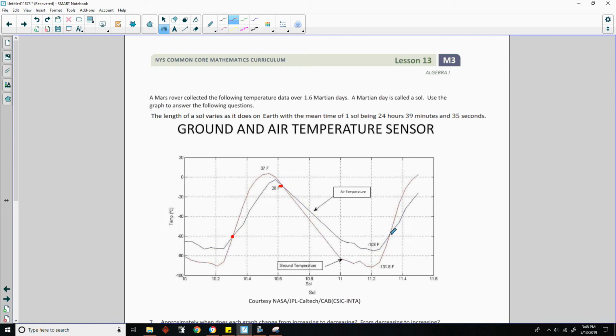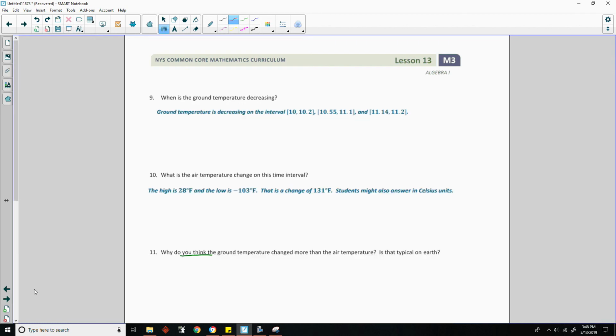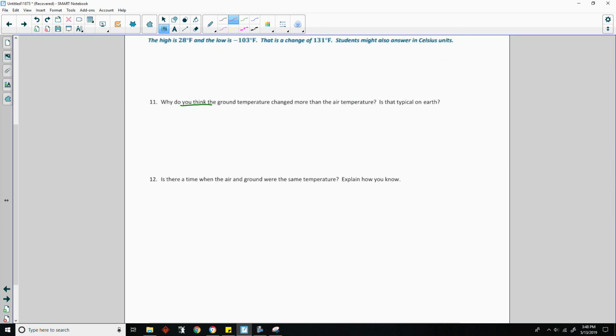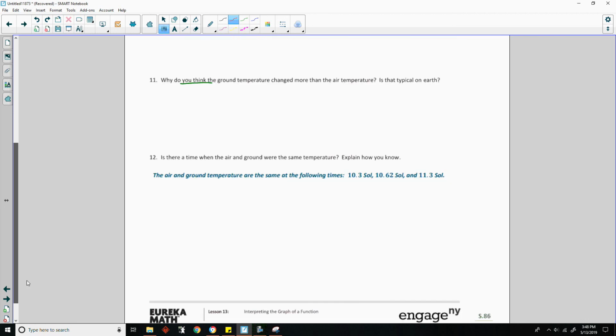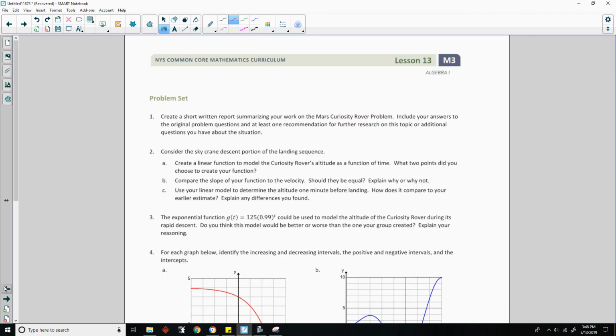And then again right here at 11.3 sols, they were both negative 60 degrees Celsius. The air and ground temperature are the same at the following times: 10.3, 10.62, and 11.3 sol. Better call Sol. Okay.